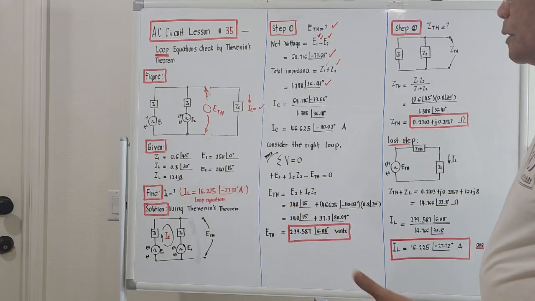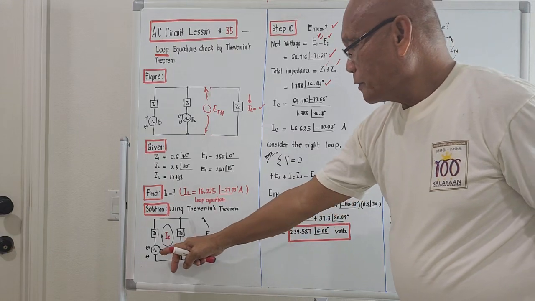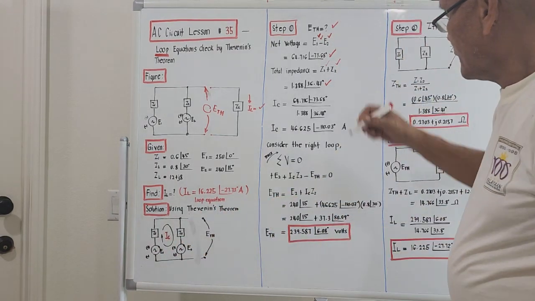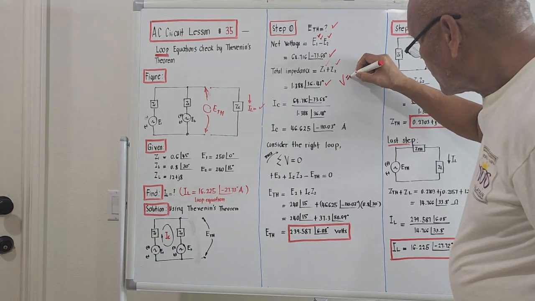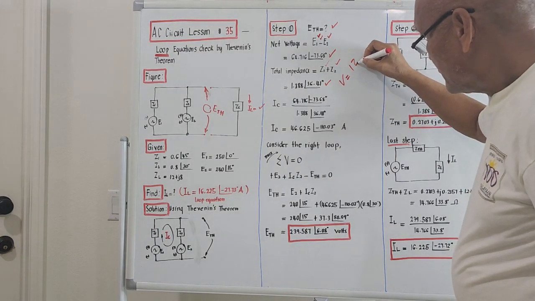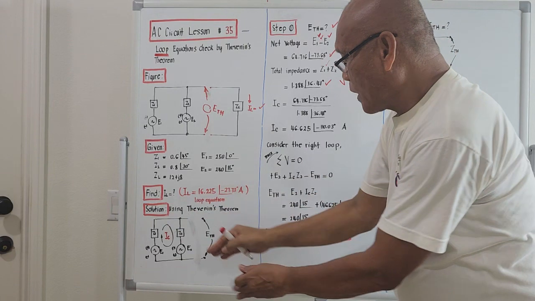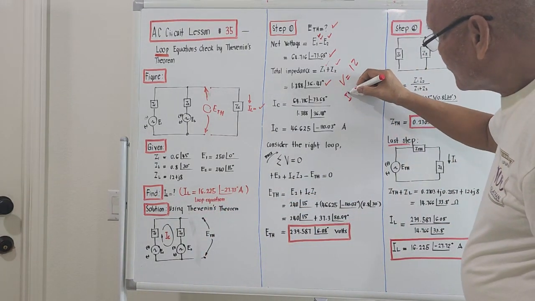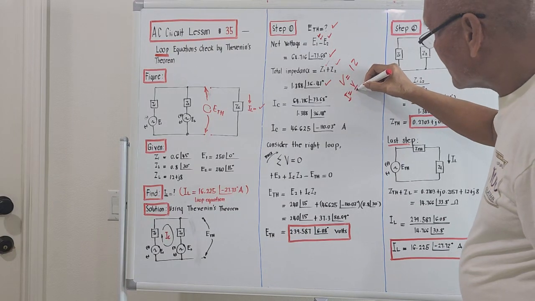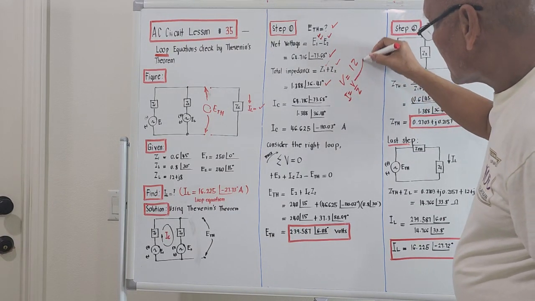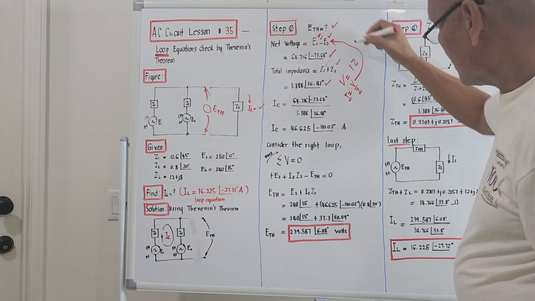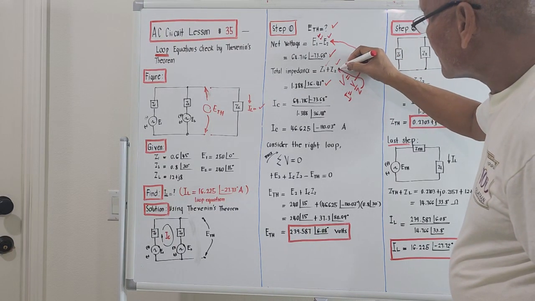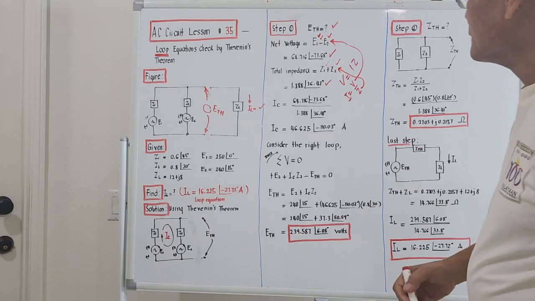We are given the voltage on the loop, and we are given the total impedance on the loop. By using the equation voltage equals IC, considering the loop after the disconnection, the circulating current will be equal to voltage over Z. This voltage here is actually the difference E1 minus E2, and this Z here is actually the sum C1 plus C2.